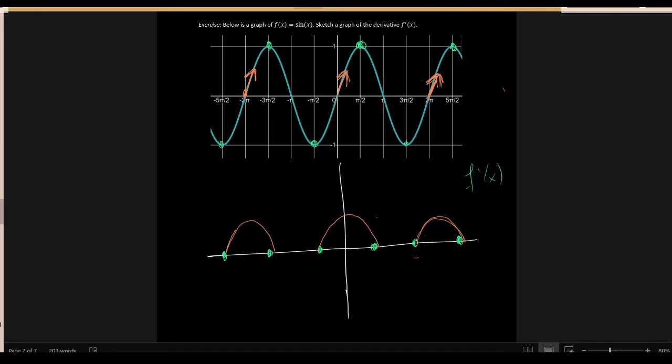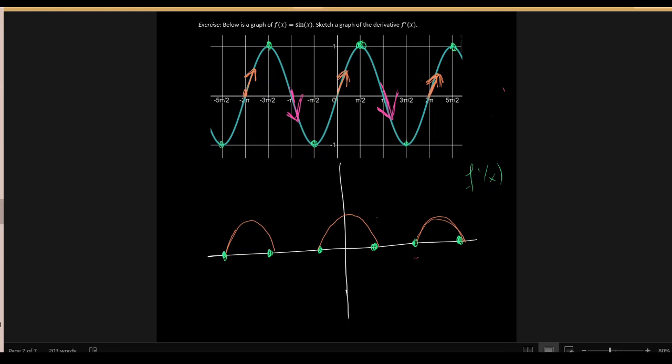Okay, now let's look at a few of these other locations. For example, between negative 3 pi over 2 and negative pi over 2, the original function is slanted downward. Same thing is true between positive pi over 2 and positive 3 pi over 2. And if the original function is slanted downward, that forces the derivative to be negative.